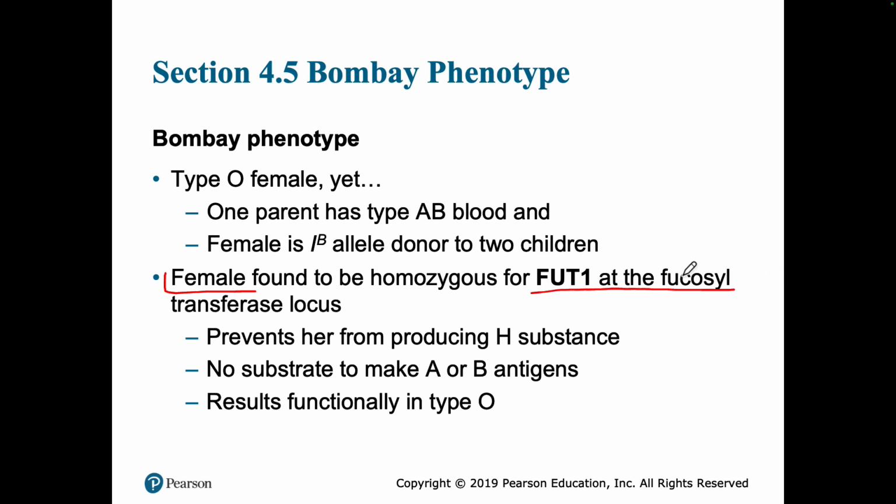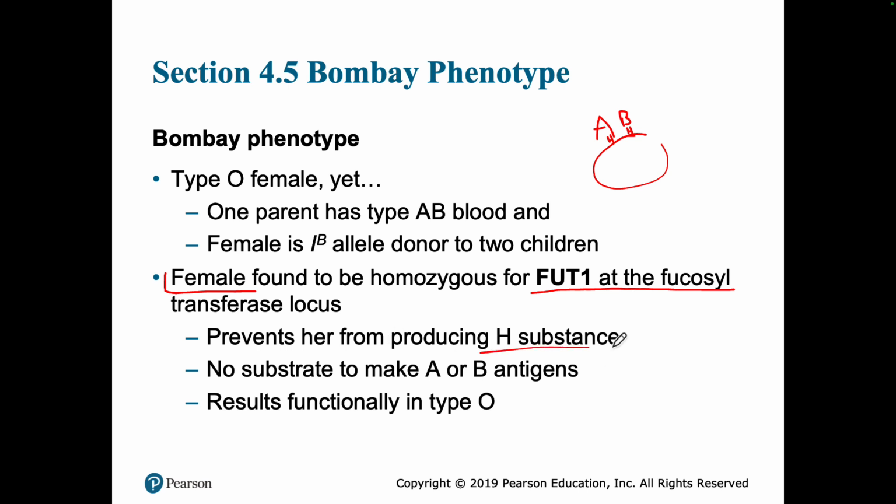Now, what happens here is that when you make your blood, you put these little things called H substances on the surface, and then that's where the A and the B attach. It's like the little hook that allows A and B to attach to the cell.